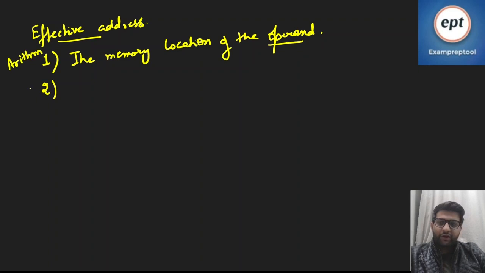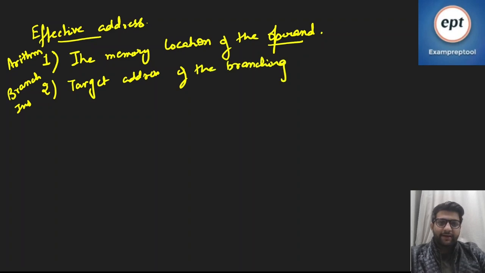And if it is a branch instruction, then the target address of the branch is the effective address of these types of instructions. So there are different definitions for arithmetic instructions and branch instructions. You should remember this concept of effective address.